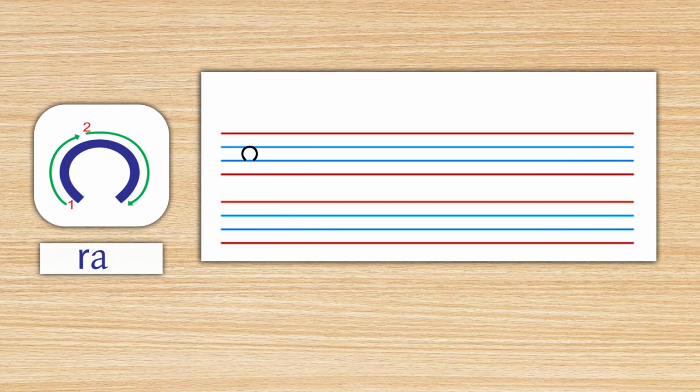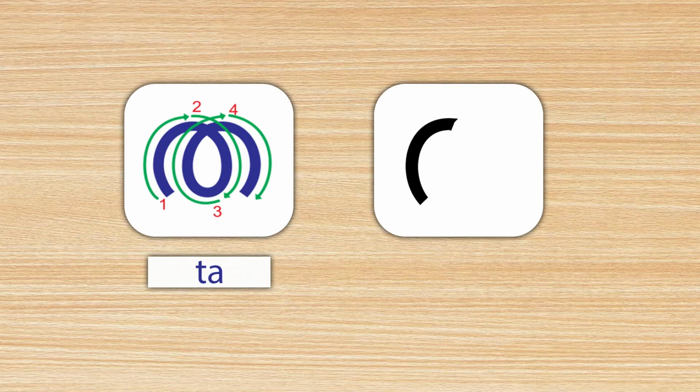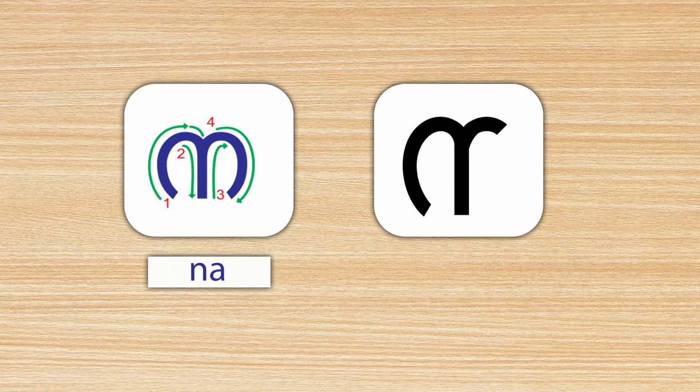To write Ra letter, start from left down and write like this. Ra also write the same way, begins from left down and stop here. Follow the same hand movement to write Ta and Na also.